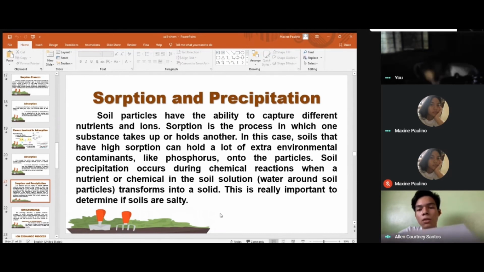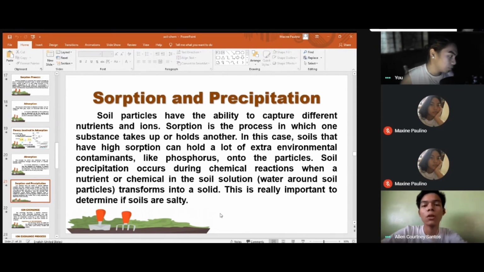Soil precipitation occurs during a chemical reaction between chemicals in the soil solution, forming a solid. So in soil precipitation, the ion is surrounded by what we call a hydration sphere.